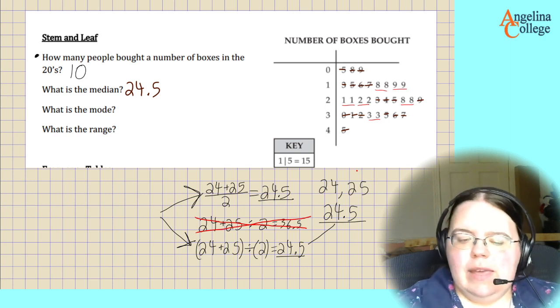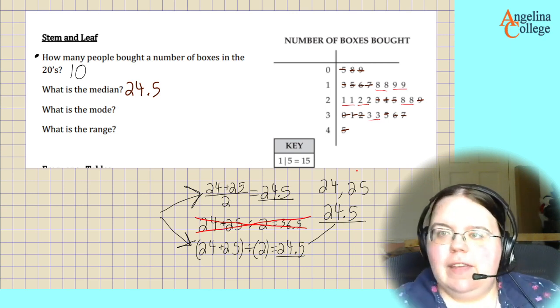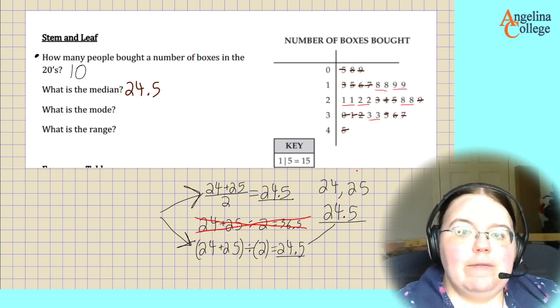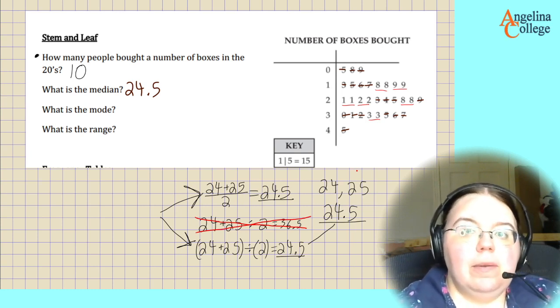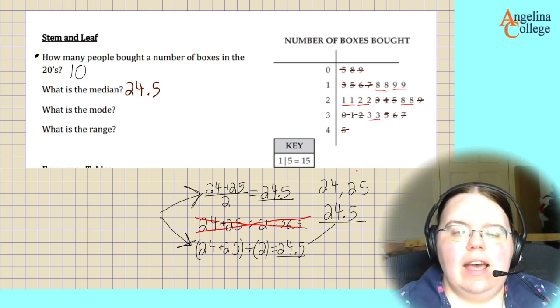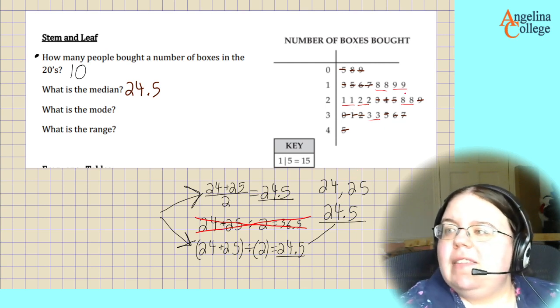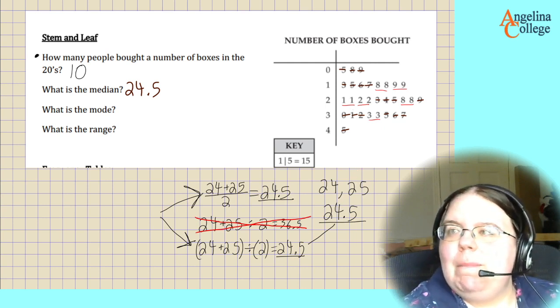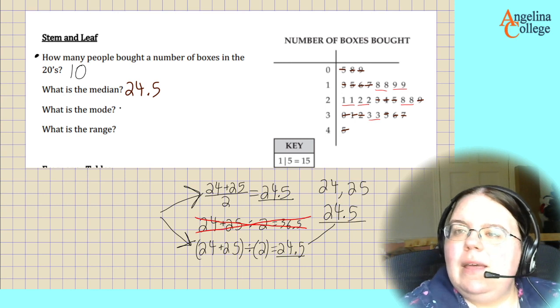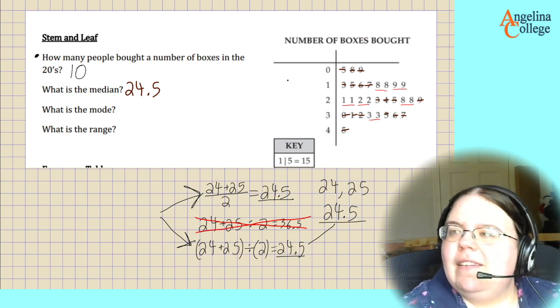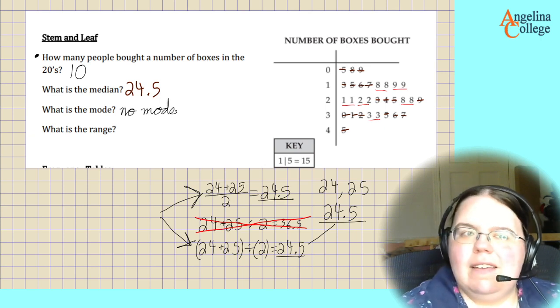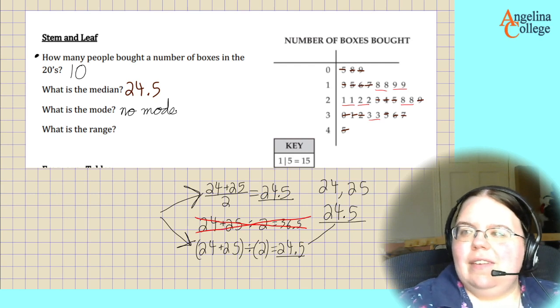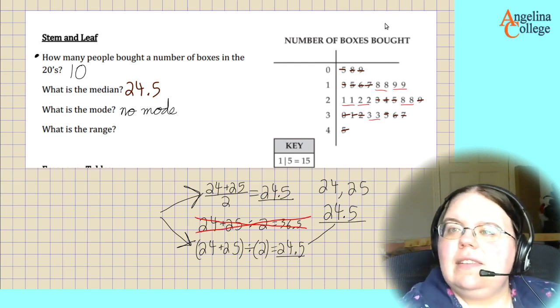If there were 2 each of only 2 different things, I'd say that we have a bimodal distribution here, meaning that there are 2 different modes. But since there are only 2 each of many different things, it would make more sense to say that there's not a mode, because nothing really stands out as there being the most of it.